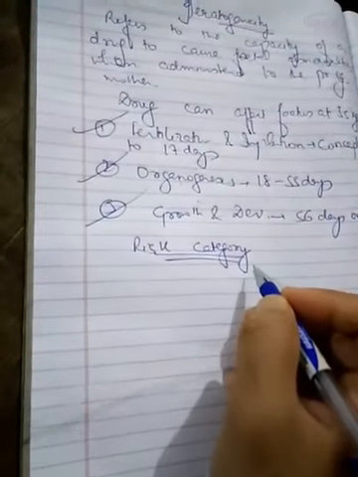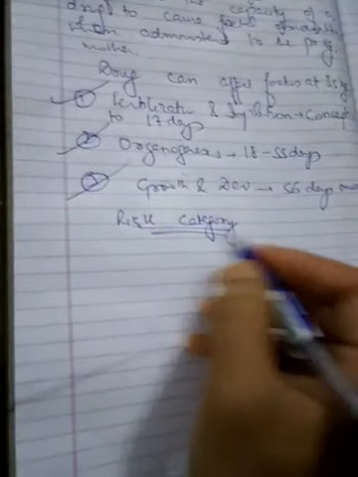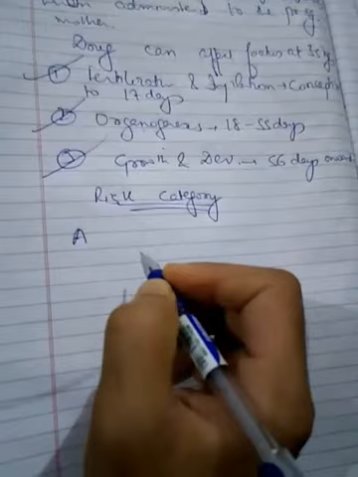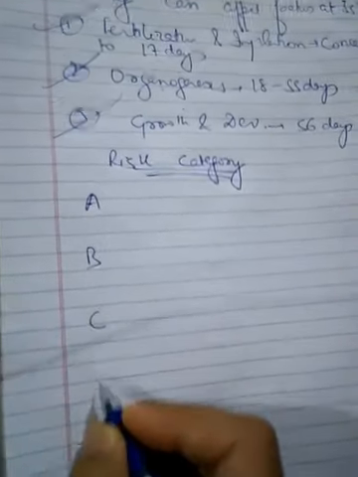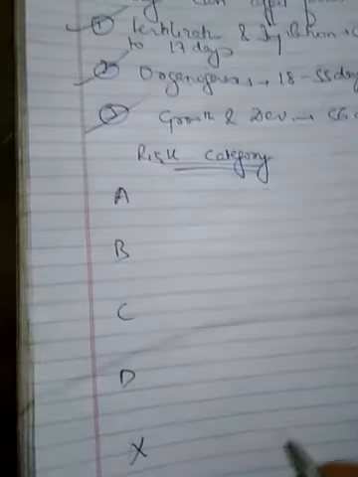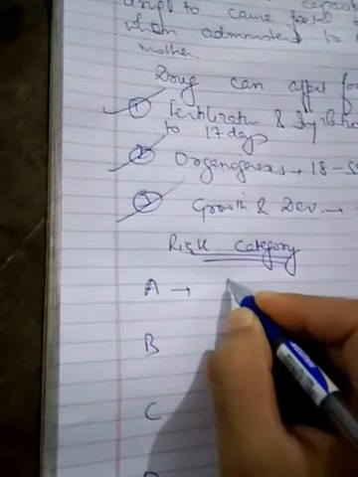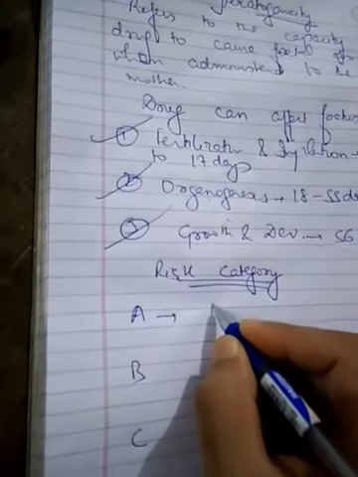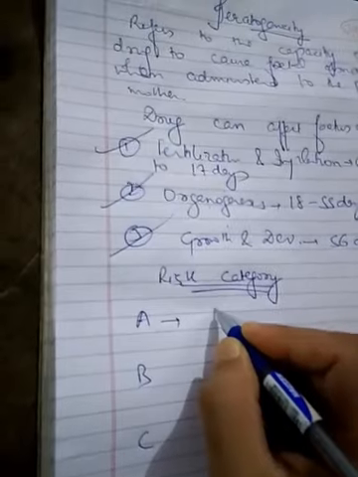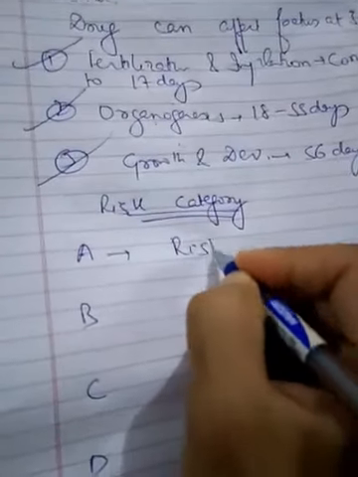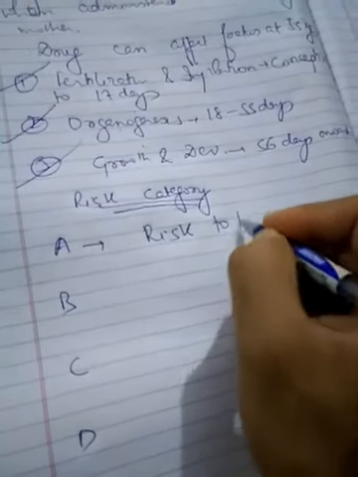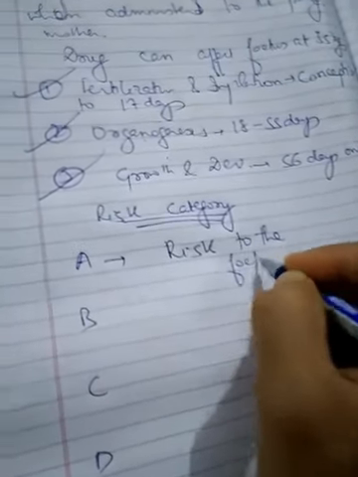They are A, B, C, D, and finally X. A means adequate studies in pregnant women have failed to demonstrate a risk to the fetus. These are the classes of drugs which have failed to demonstrate a risk to the fetus.